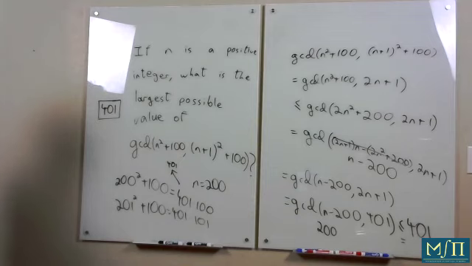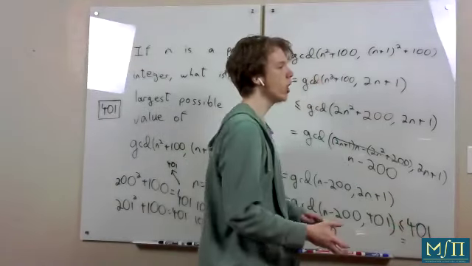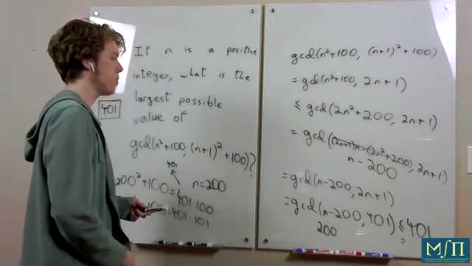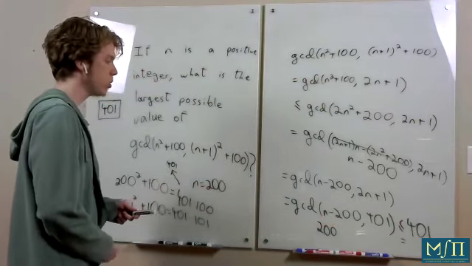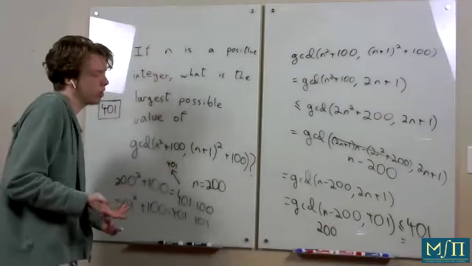But if we only did this part, then we wouldn't know for sure that 401 was a possible number to get at all. You have to check. And if we only did this part, we wouldn't know that maybe it could be much bigger for all we knew.